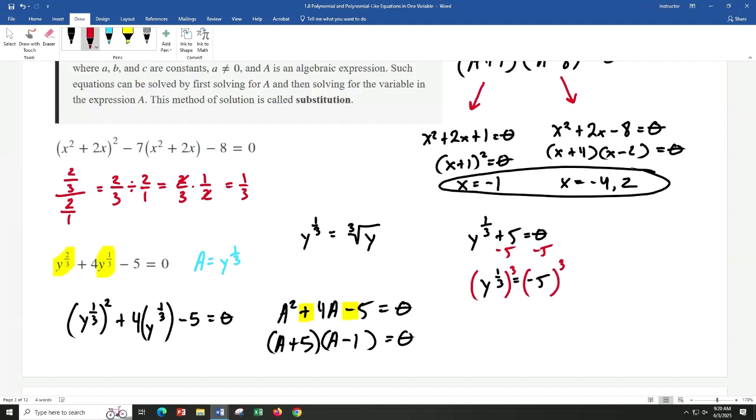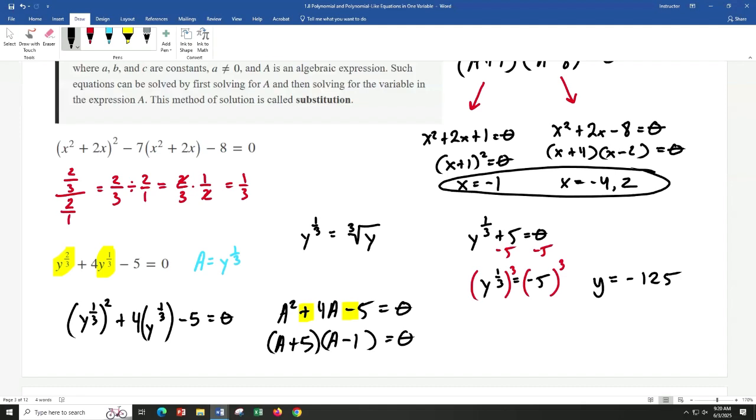You got to do one with the other, right? You're in algebra. And so this guy, notice, is going to turn into y is equal to, well, 5 cubed is 125, but notice you're going to have -125. Odd powers keep the negative, even powers lose the negative.